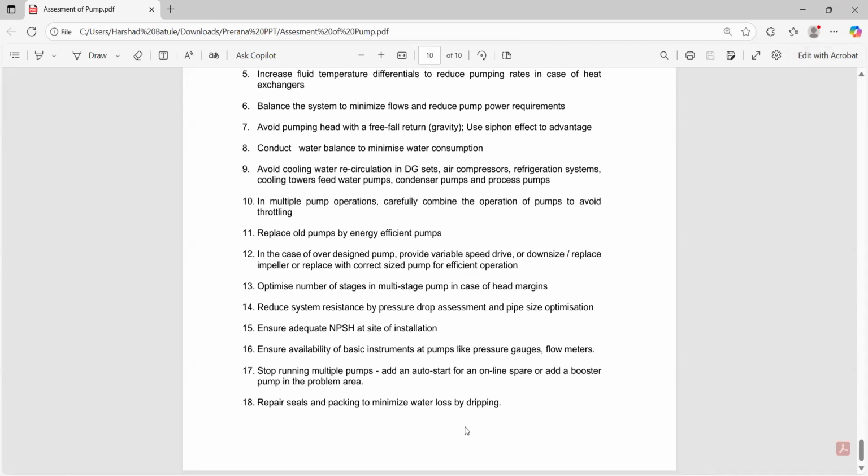Repair seals and packing to minimize water loss by dripping. Any water loss in the system is your loss. If your seals and glands next to the pump are leaking, you need to add more makeup water in the system, so your loss is going to be huge.